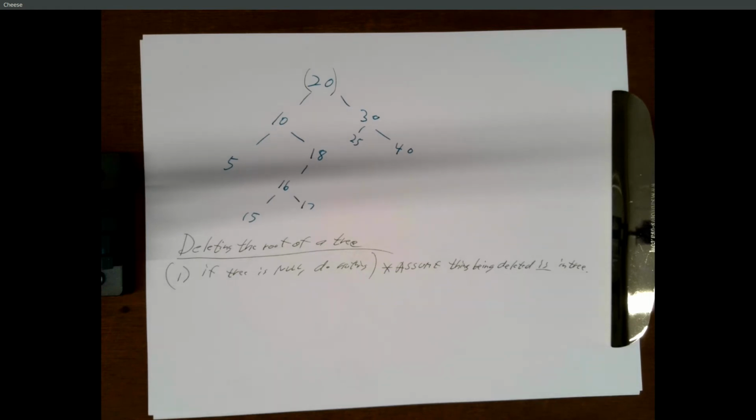I don't want to move a whole lot of stuff around. I want to do as little manipulation of memory as possible. So I want to replace the 20 with some other node that still makes this a binary search tree. So can you find a number that I could put in place of the 20 that would still make this thing look reasonable?